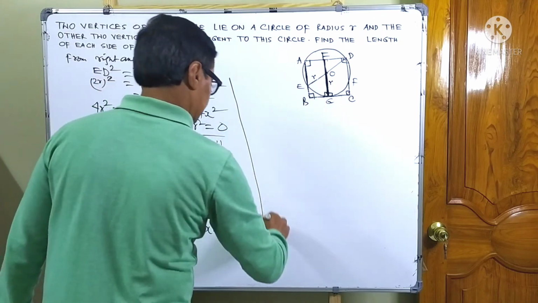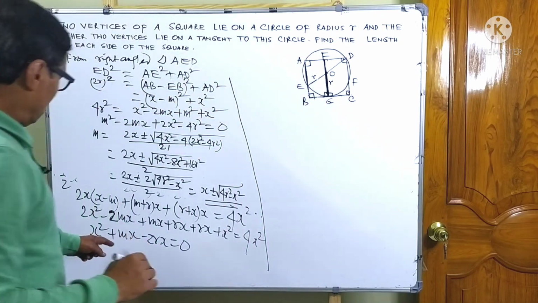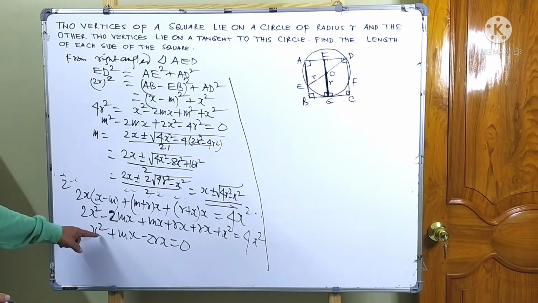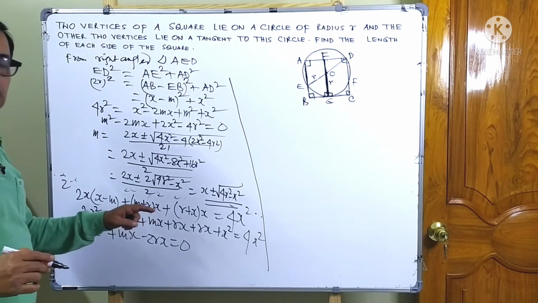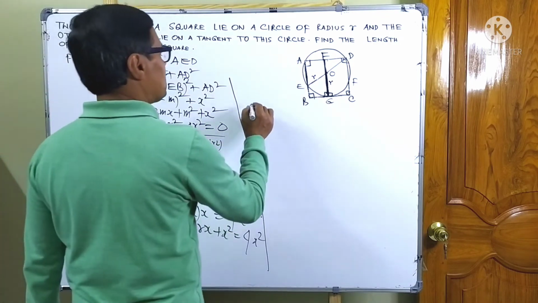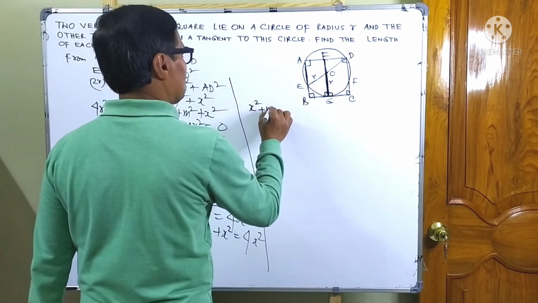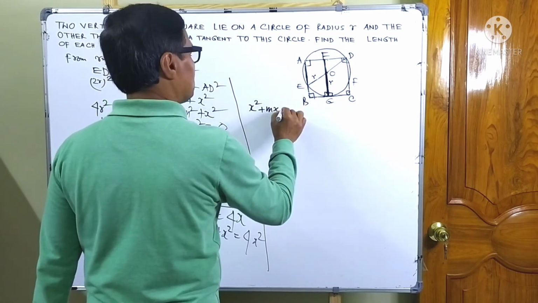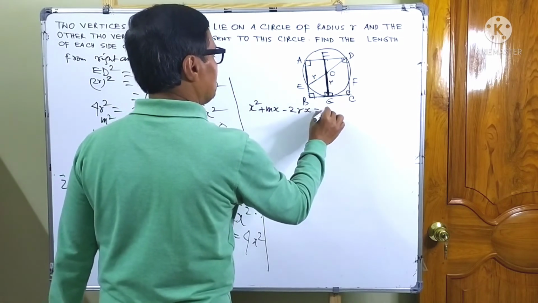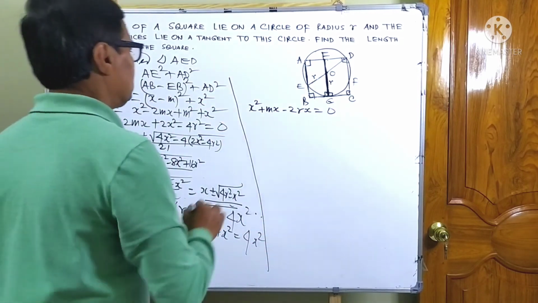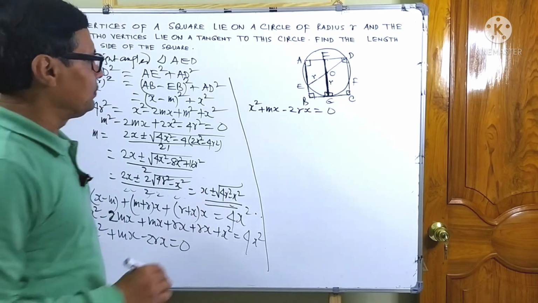Now, we have already got this equation: x square plus mx minus 2rx is equal to 0. Here we can put the values of m.